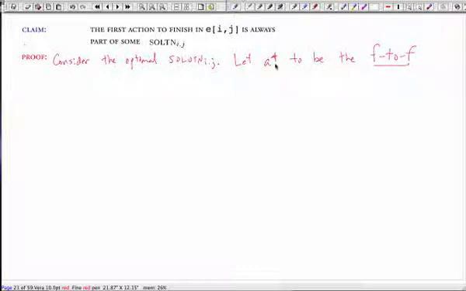So let A star be the first to finish in the period ij. Furthermore, suppose that A star is not part of the solution. Of course, if it is part of the solution, then already our claim is true. But suppose it's not.